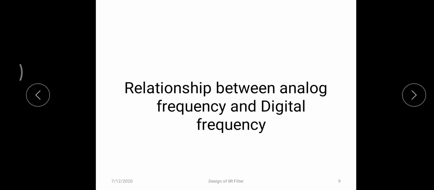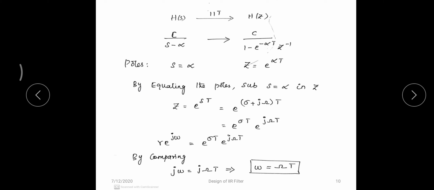And now we will find the relationship between analog frequency and digital frequency under impulse invariance. We know that we are going to convert H of s into H of z as per the concept of IIT. We take H of s simply C divided by s minus alpha, and the corresponding H of z for IIT is C divided by 1 minus e to the power of alpha T into z inverse.